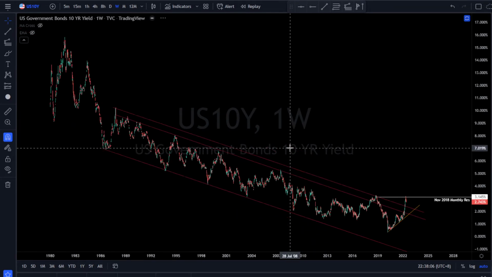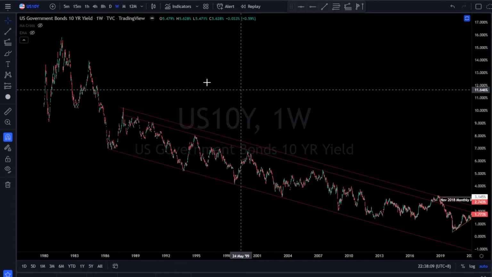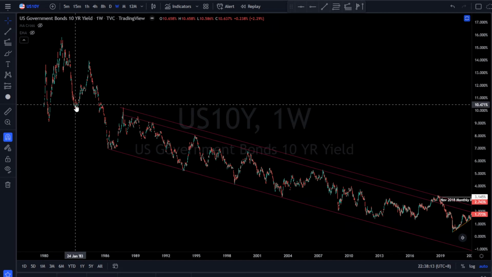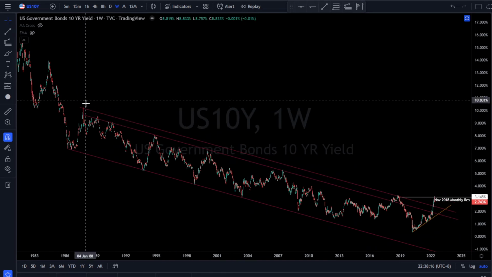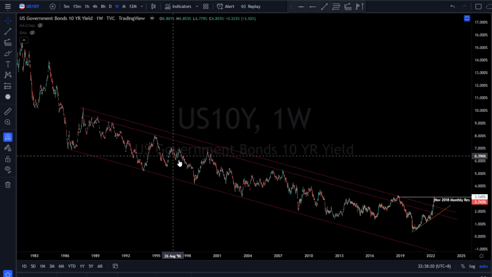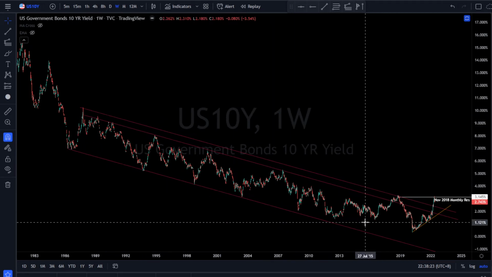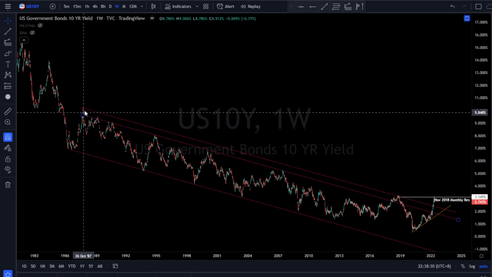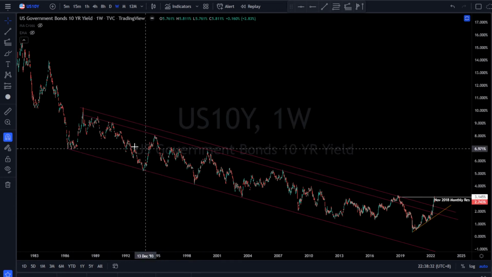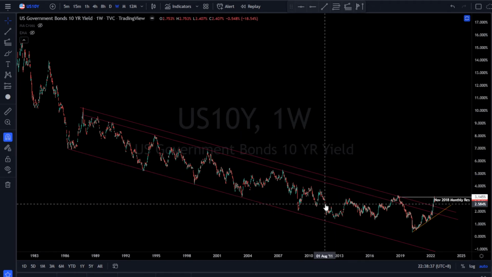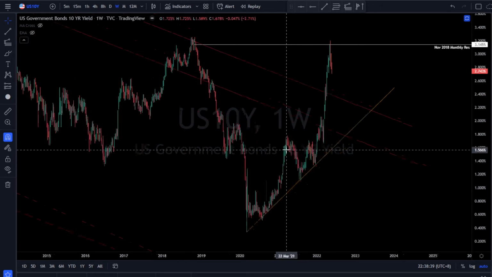Right, so what we have here on the US 10 years, since the 80s, if you look here, we have had a downward trend of interest rates. So money has been easier and easier to borrow for companies, which is why we've had many years of bull run for the equities market. And over here, we can see a very nice downward channel that was formed, and we have recently broken that.